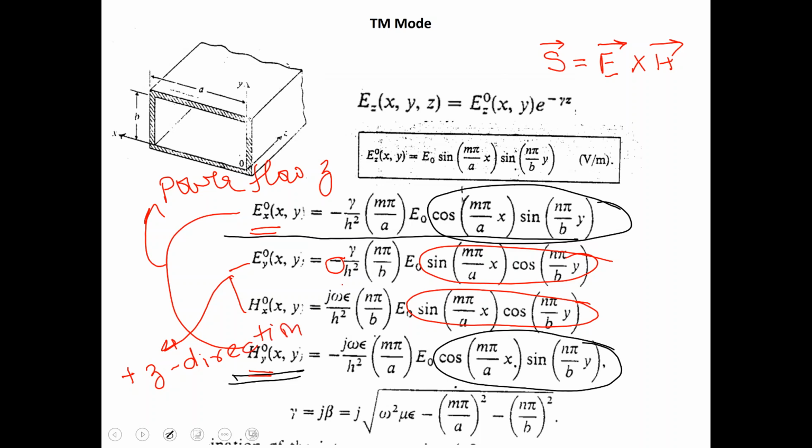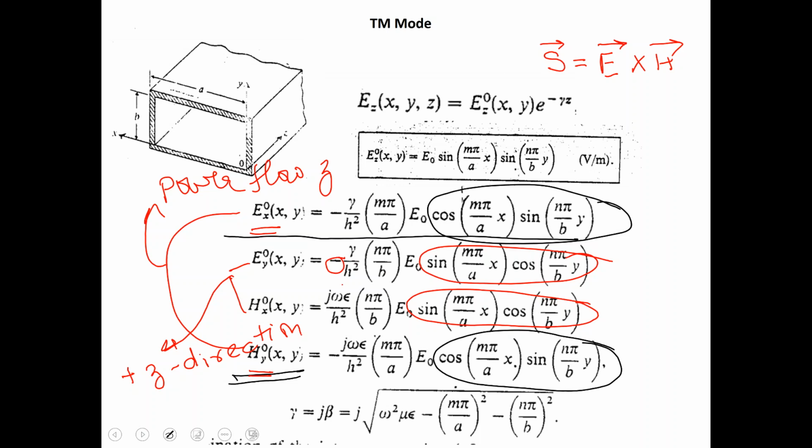It's telling you that the total power flow which is now going through my waveguide is going in two different pairs. There is one pair which is a pair of Ex cross Hy, and another pair which is Ey cross Hx. That's how that power is going to come.